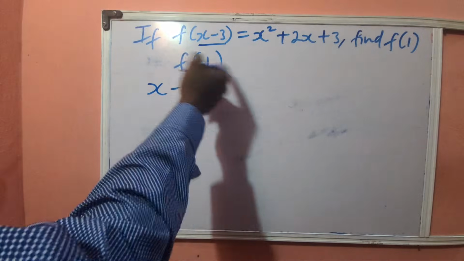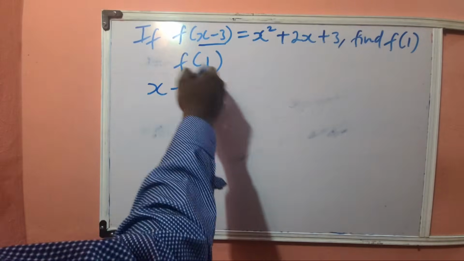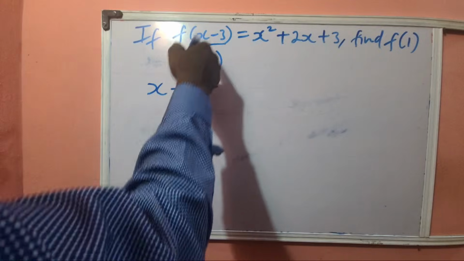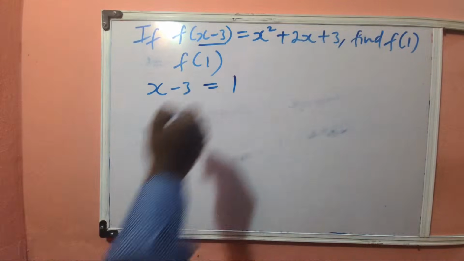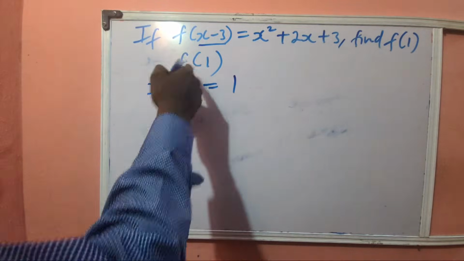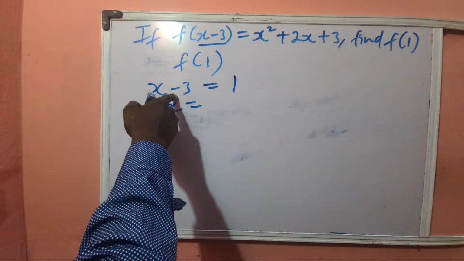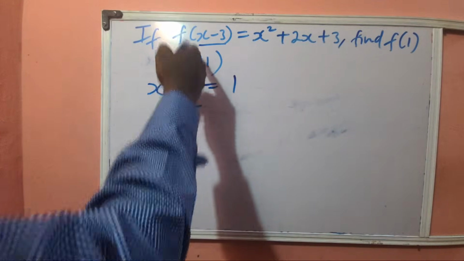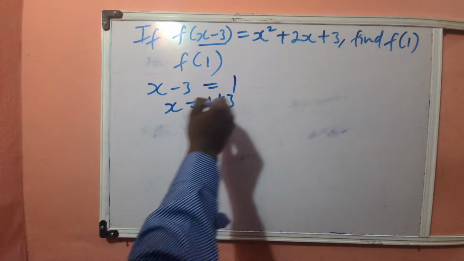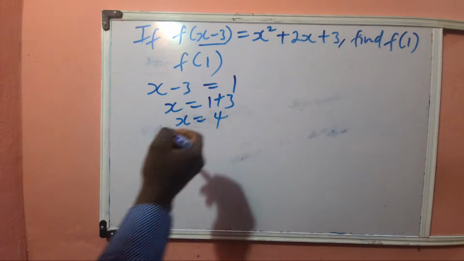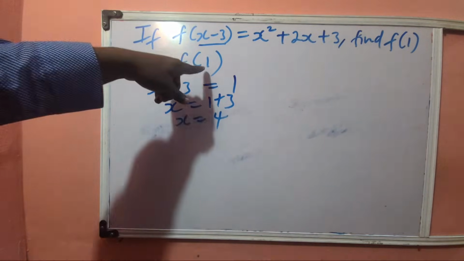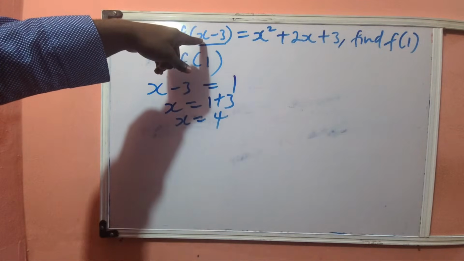Now we are told to find f(1). That means we have to equate x minus 3 with 1. So f(1) happens only when x was equal to 1 plus 3. That means x was equal to 4. f(1) happened when we had x to be 4.